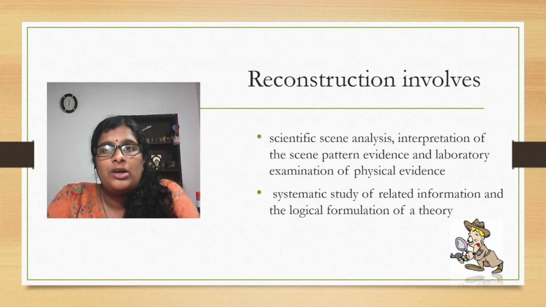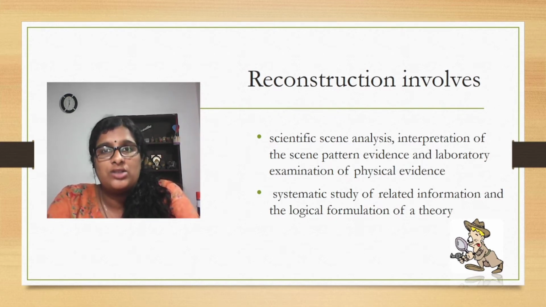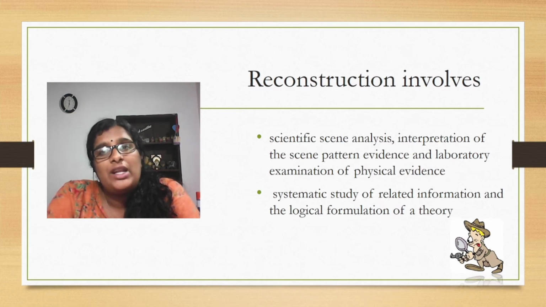For example, if a person is killed and we don't know how the murder occurred, the body is taken to autopsy, and from the autopsy they come to know that he died because of this poison, and they get some footprints and fingerprints from the crime scene. So this is homicide, somebody entered the crime scene. They will link all those small pieces of evidence, reconstruct the whole scene, and finally find the culprit.